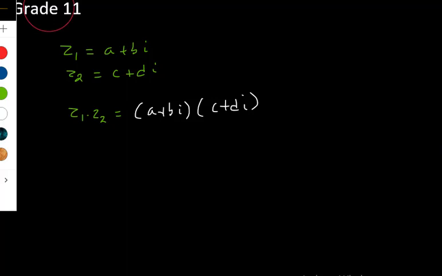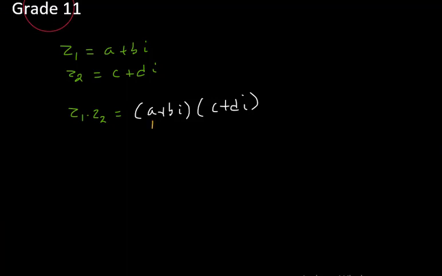It works for complex numbers as it works for real numbers. So let's multiply here. Let's distribute a with c and a with d. That gives us a times c is ac and a times d is adi.